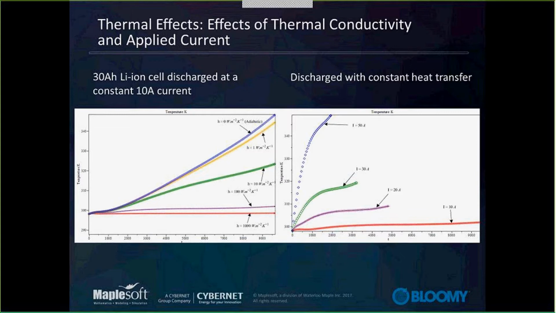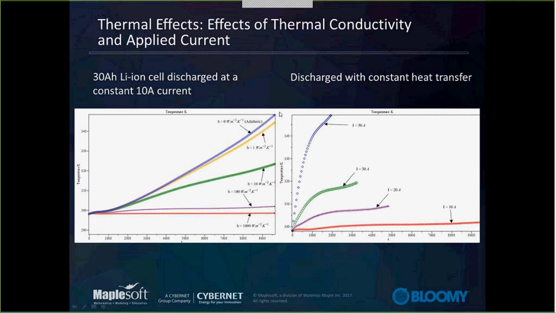The same type of study can be extended for any thermal consideration that we might be interested in. On the left-hand side, we have a couple of cases showing different thermal management with a 30 ampere hour lithium-ion cell being discharged at 10 amps, all the way from an extreme adiabatic solution where we have no cooling available to the cell.